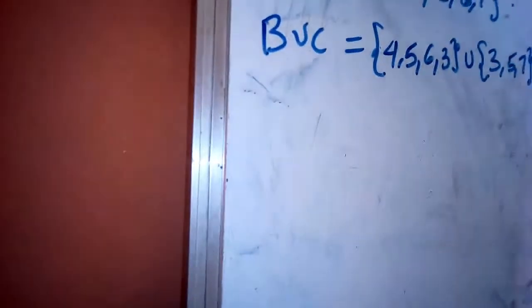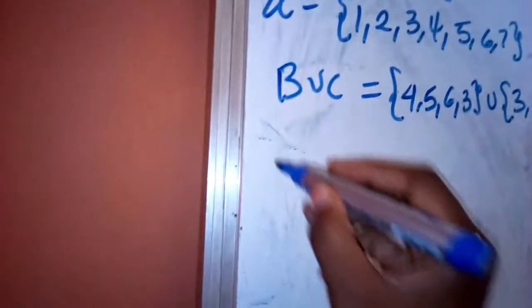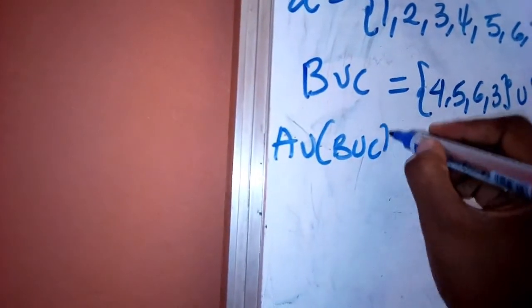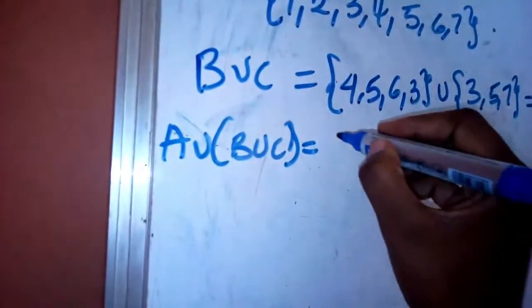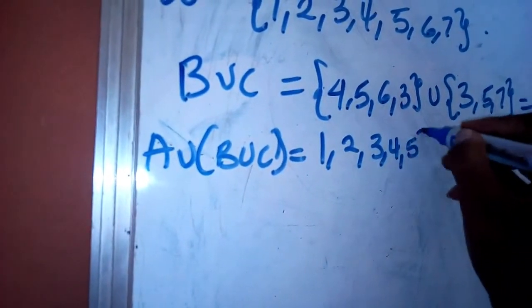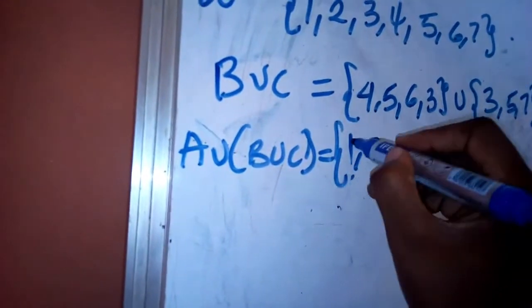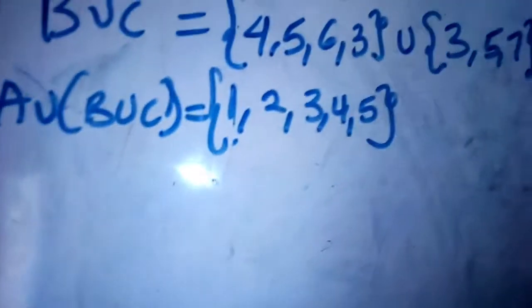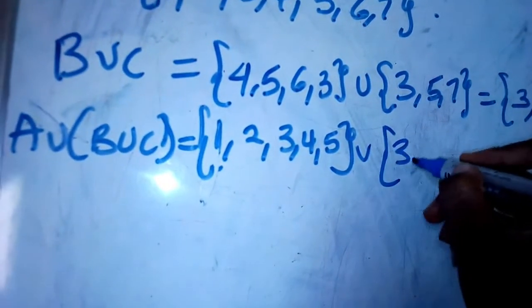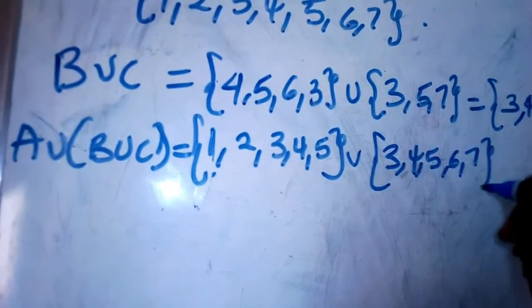So we now want to add A union this. So we have A union (B union C). I'm listing A out, union our B union C, what we got here, 3, 4, 5, 6, 7.